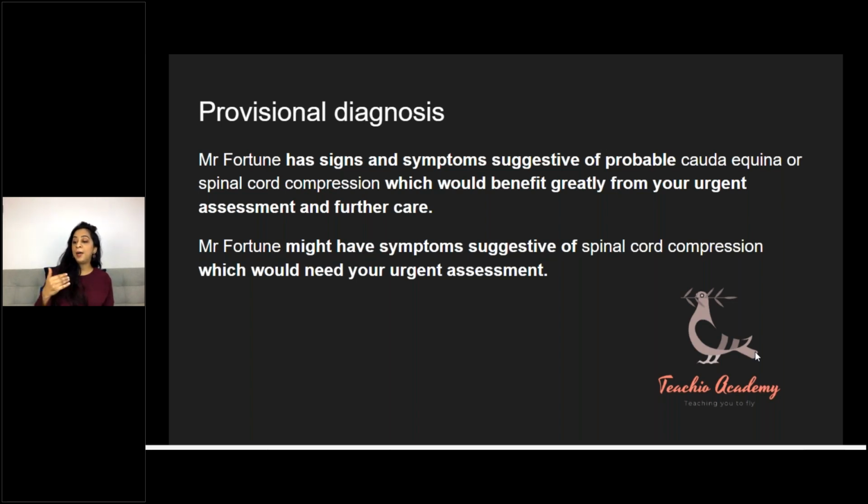So the benefit might happen in the future. So you're going to write which would benefit greatly from your assessment and further care. Okay. Mr. Fortune might have symptoms. So notice that this is a better way of writing about a provisional diagnosis. So you're going to write might have. Okay, it's still in the present, but there's a might attached to it because you're not too sure.